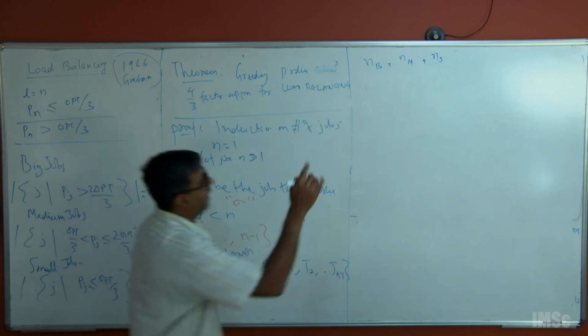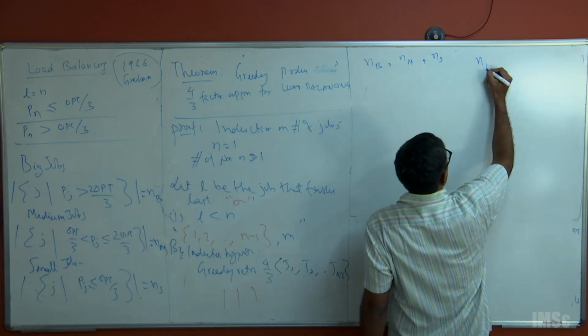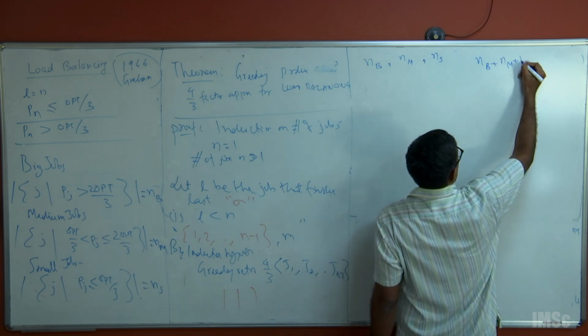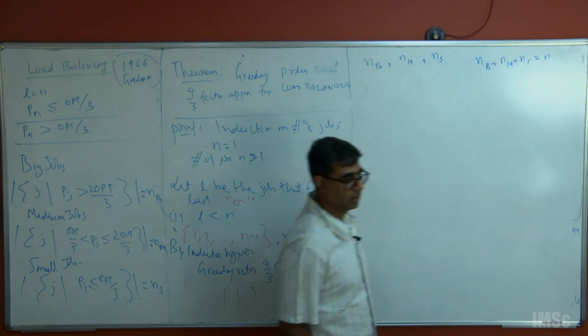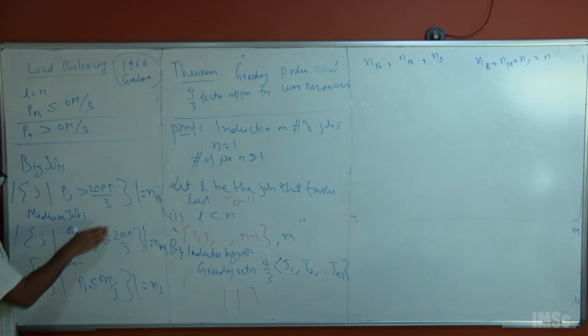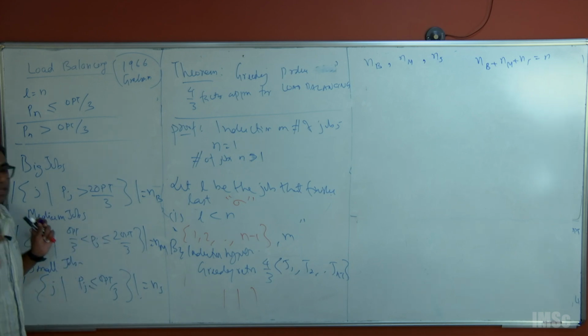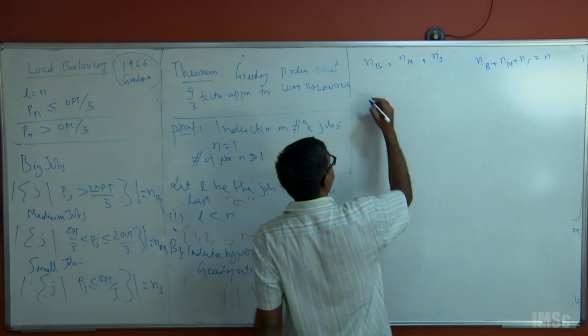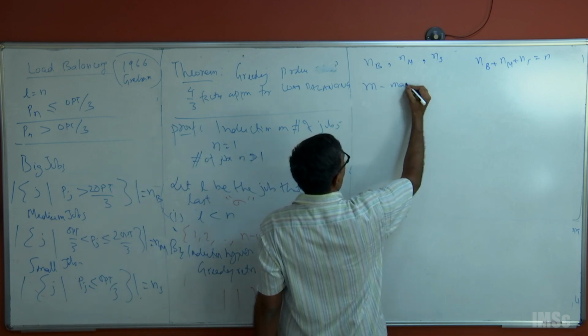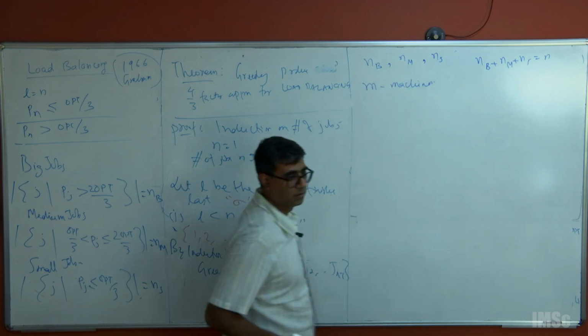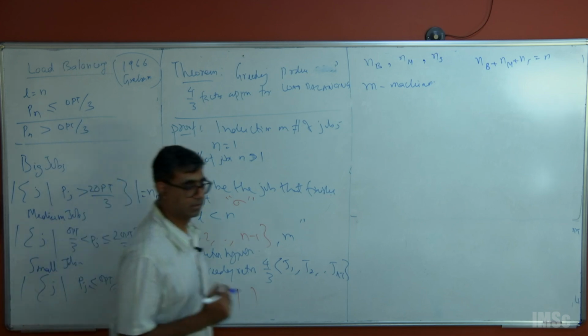And so n big plus n medium plus n small, of course, is equal to n, because every job is partitioned into these three. Okay. And we have m machines. So let's do some pigeonhole principle kind of methods.